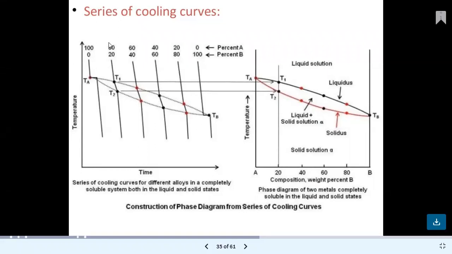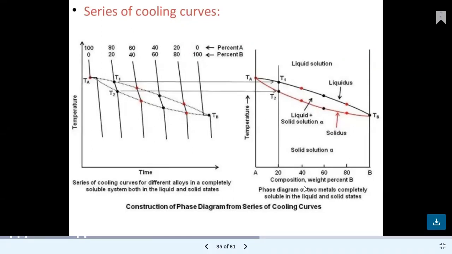So 80 percent A has 20 percent B present, 60 percent A has 40 percent B, 40 percent A has 60 percent B, and 20 percent A has 80 percent B. In this way we get this graph, which is the series of cooling curves.